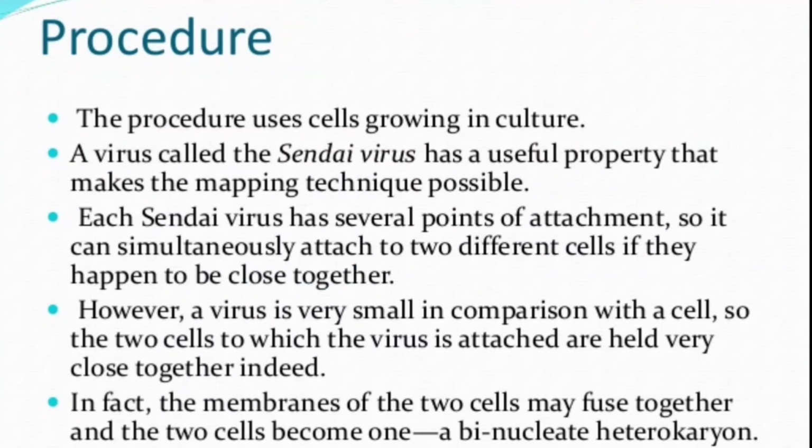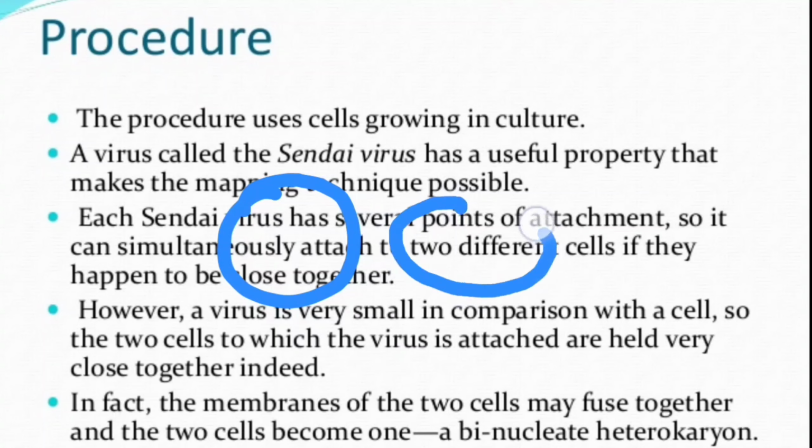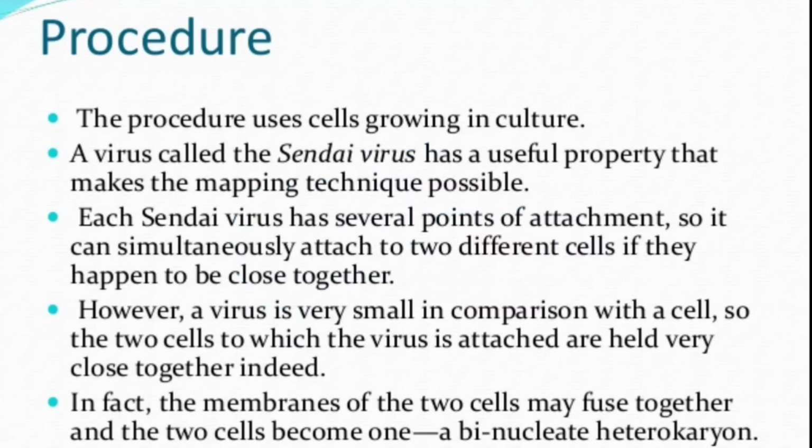So if I am drawing one single cell here, the other cell here, and some Sendai viruses are coming, at the end of the day they will be fusing the cells. However, the virus is very small in comparison with the cell. So the two cells to which the virus is attached are held very close together.